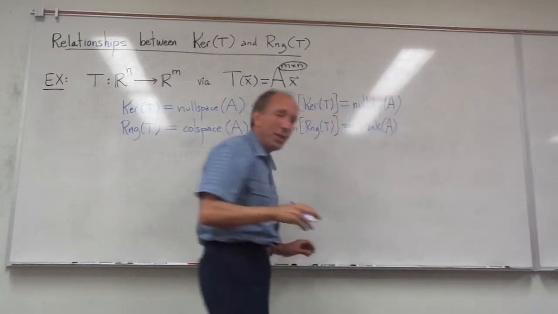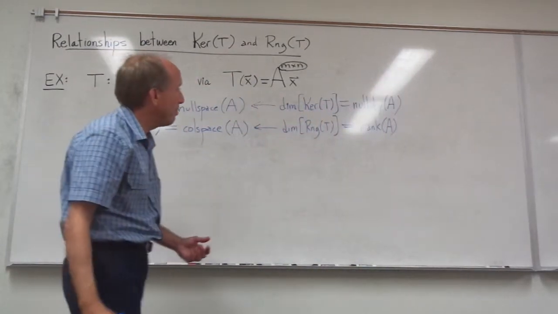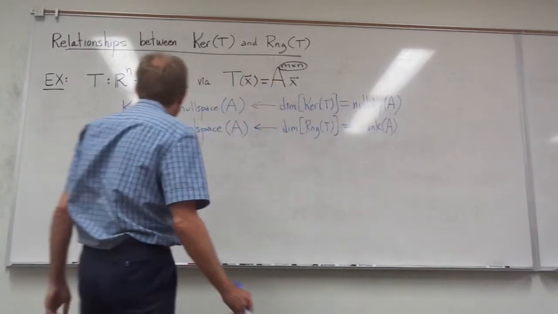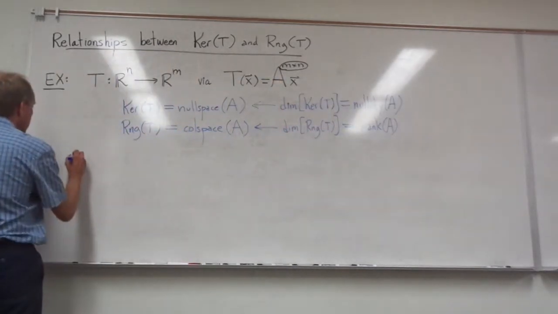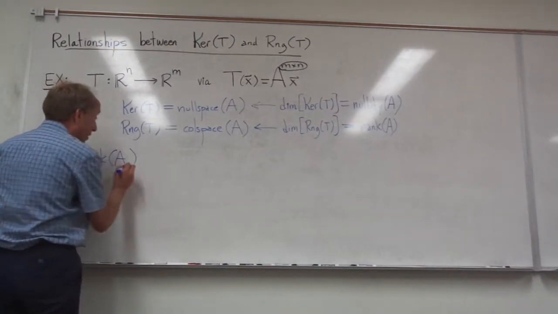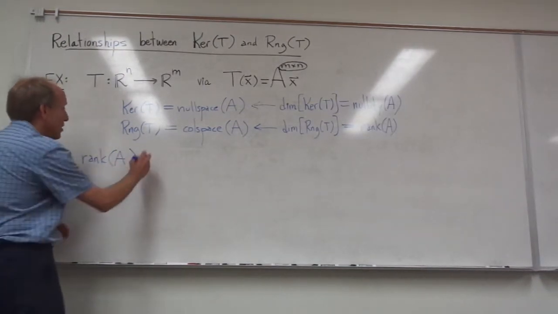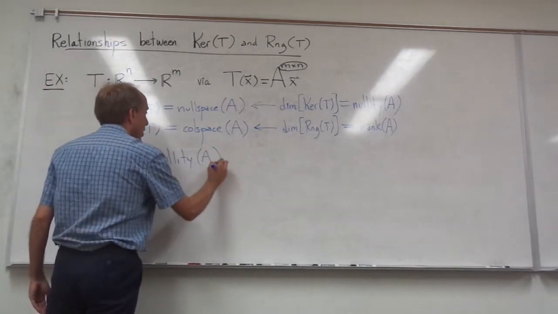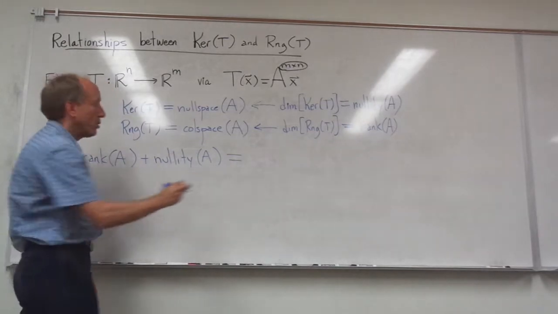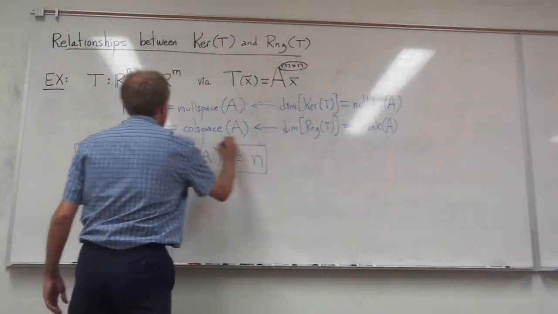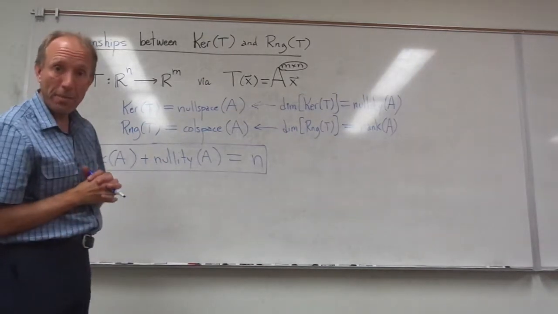That should perhaps get some bells going off. There is definitely a relationship between the rank and the nullity, and I just want to remind you what that was. Anytime you take any matrix whatsoever, the rank of that matrix plus the nullity of that matrix always has to add up to n, which is the number of columns in the matrix.